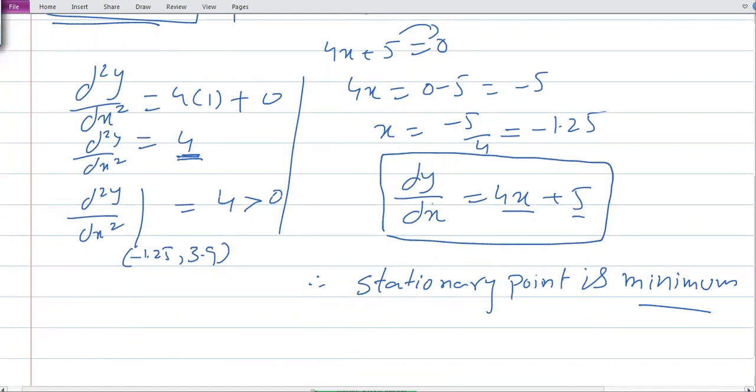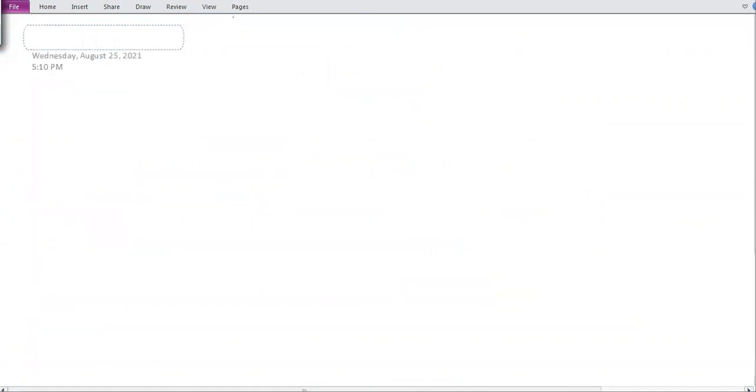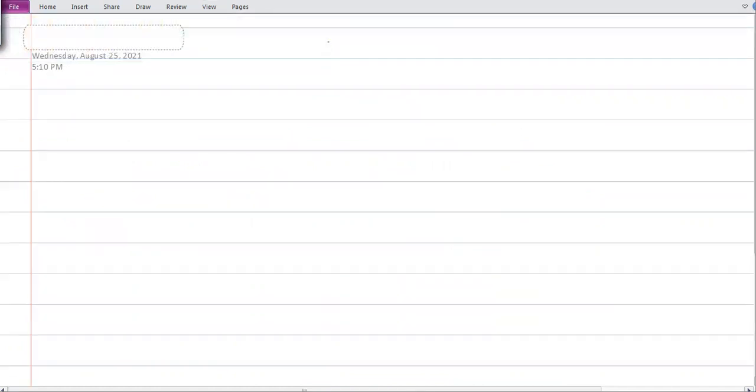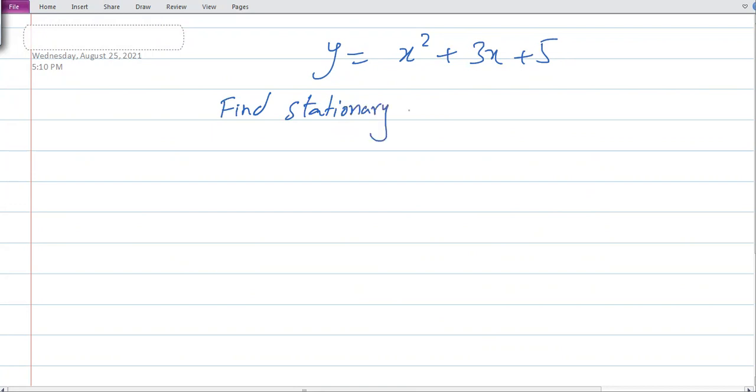Let me give you one example so you will have a better idea when you go through the real steps. Okay, y is x square plus 3x plus 5. The question is: find stationary points and discuss nature. Okay, I'm waiting for your response.